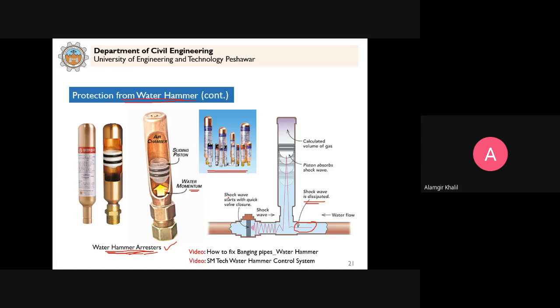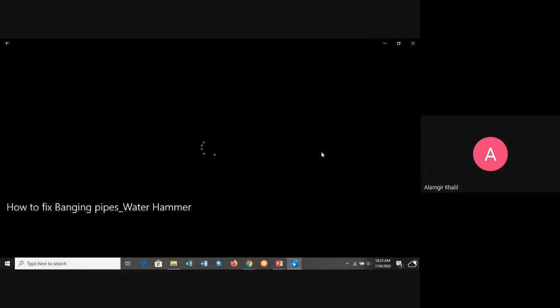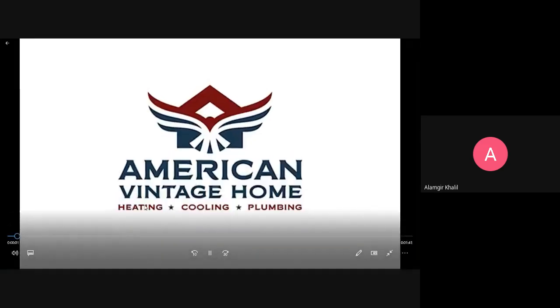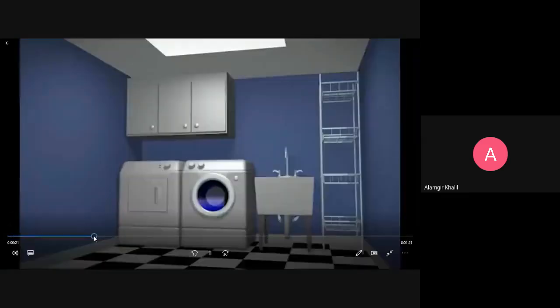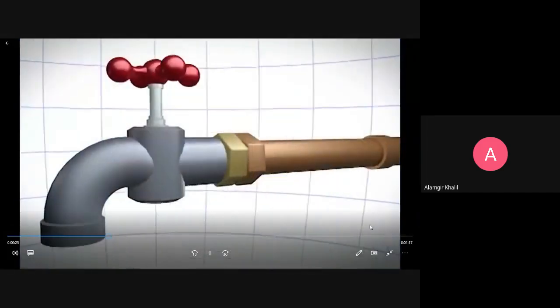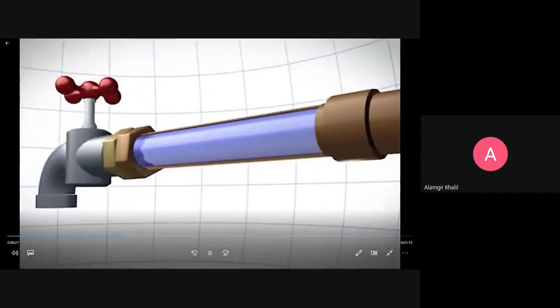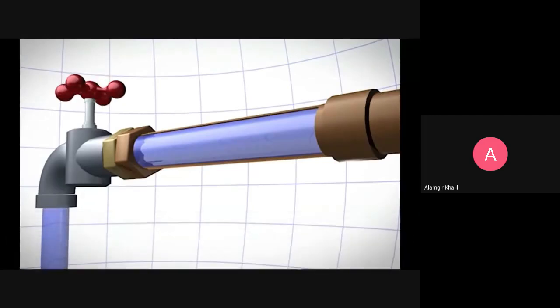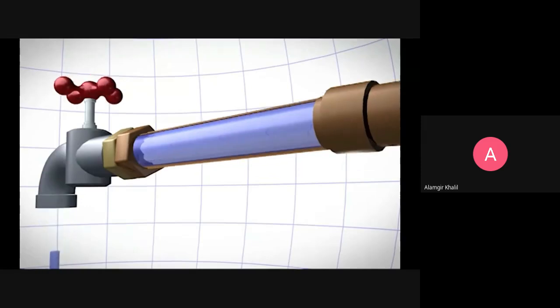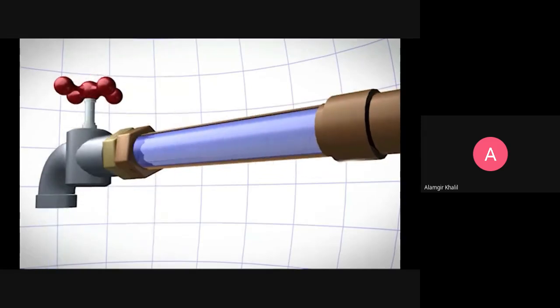I will show you just one video here. This is a company which made this video. So in water supply systems, you can see here, due to the water hammer, when you suddenly close the valve, you can see here the effect of water hammer.